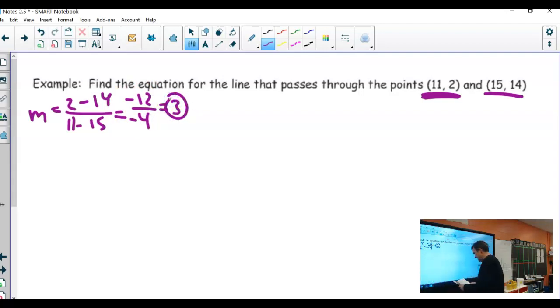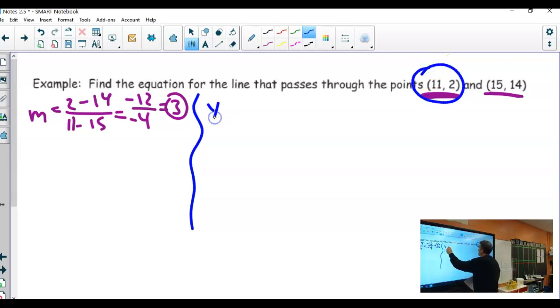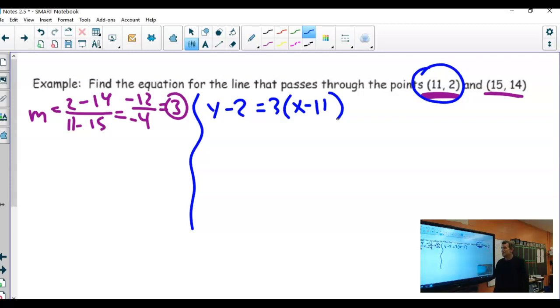The slope is 3. So let's go ahead and write that in point slope form. See, I don't have to find the y-intercept. I can go straight to my equation because I know a point and a slope. And my equation would be y minus the y value, 2, equals the slope times x minus the x value, 11. Boom! That's my equation in point slope form, and I'm done.